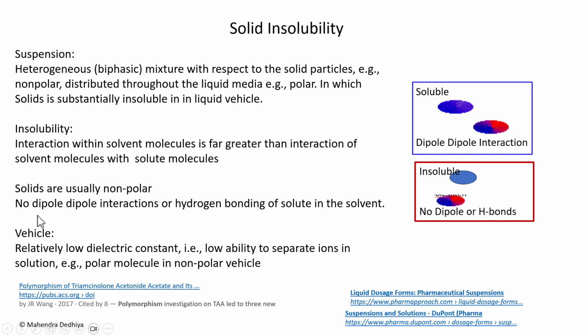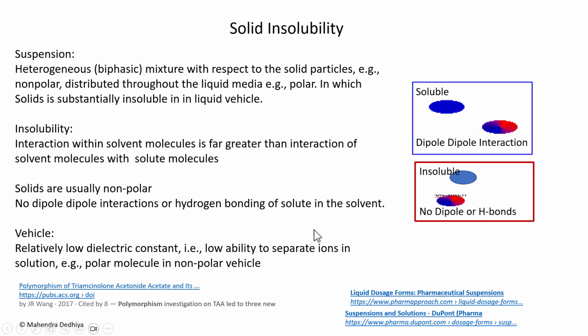For solids, there is no dipole-dipole interaction or hydrogen bonding of solute in solvent, as shown here. So for a soluble system, there would be a dipole-dipole interaction or hydrogen bond interaction. In suspension, there is no hydrogen bond or dipole.